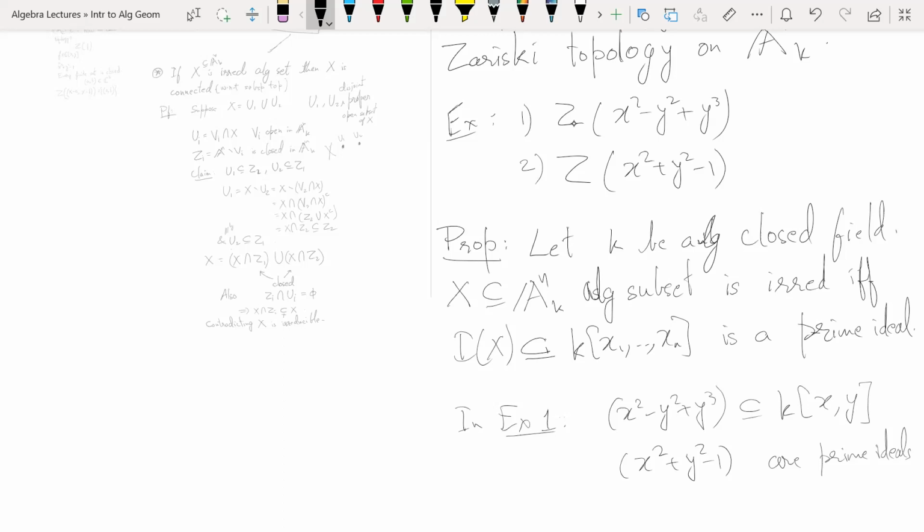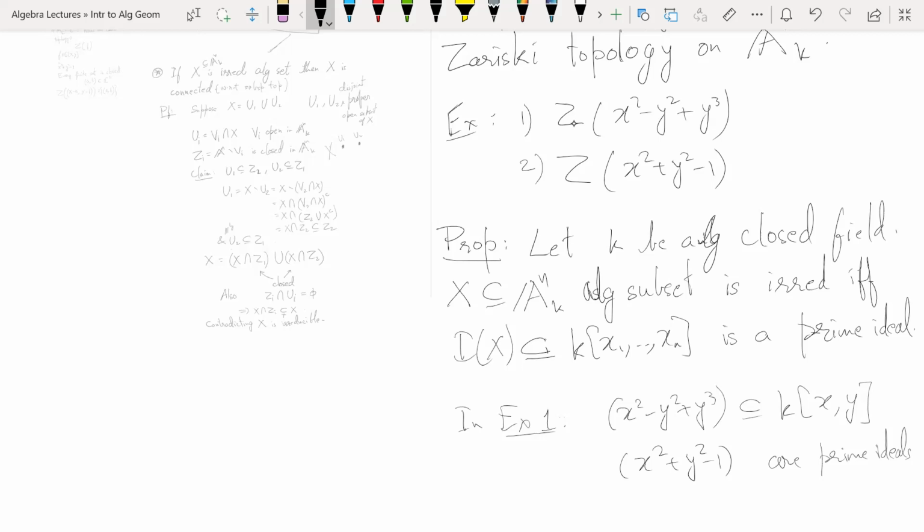Remember, K[x,y] is a UFD. It's a polynomial ring in two variables over a field, so it's a UFD. So if this is an irreducible polynomial, then it is an irreducible element and hence a prime element. In UFDs, irreducibles are primes. Primes are always irreducible in any integral domain, but in a UFD we have this converse. So you only have to check that these two are irreducible.